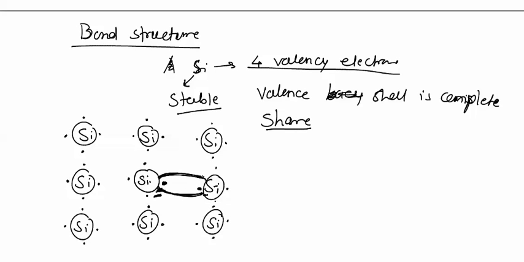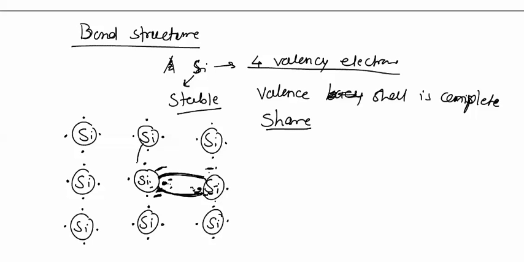Through this sharing, these two electrons will belong to both the silicon atoms. We can say that this electron belongs to this silicon atom and this silicon atom both.